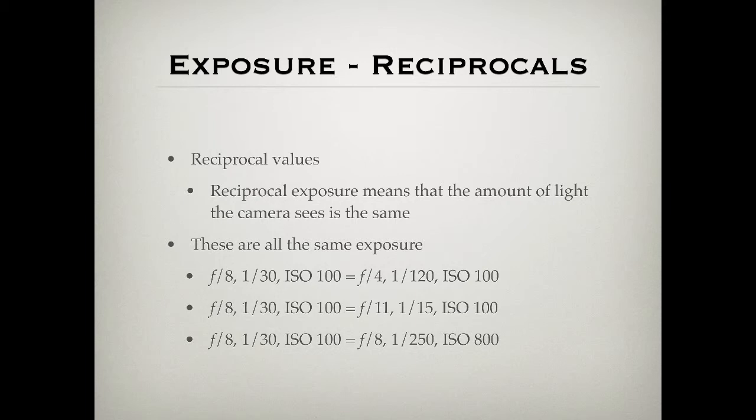That's 3 stops. So remember, we reduced the time that light is falling on the sensor, the shutter speed, by 3 stops, so we have to increase the sensitivity of the sensor by 3 stops if we don't want to change our aperture opening.